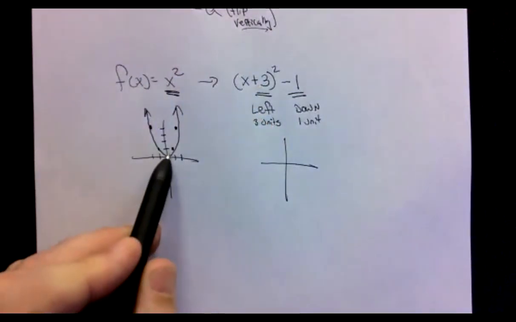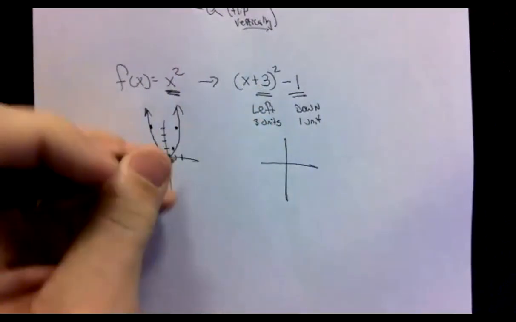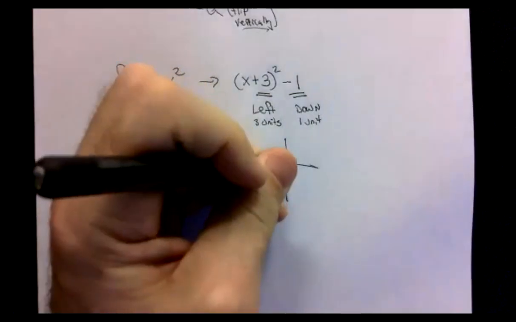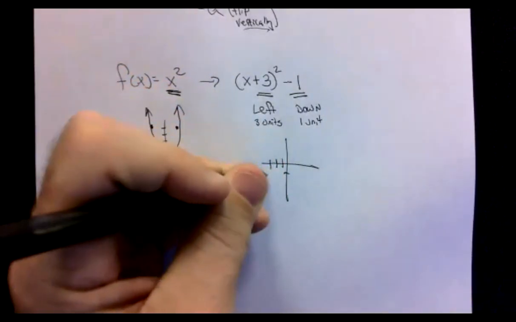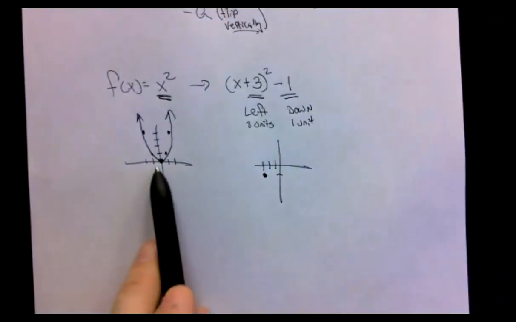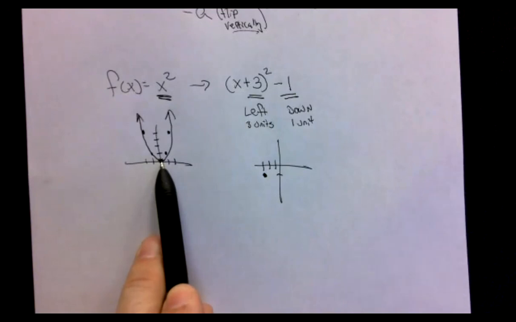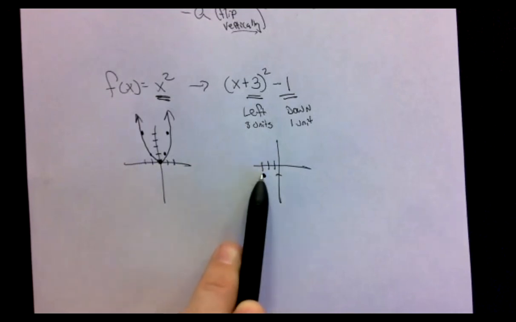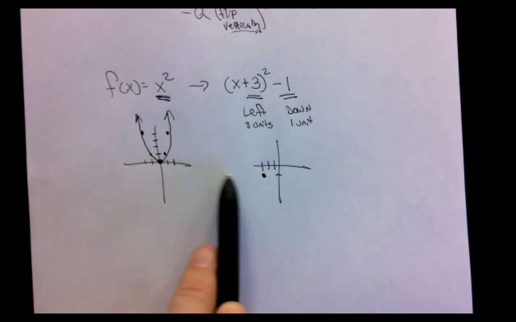It's this exact same curve, but instead of this point being here, say at 0, 0, it's going to go left 3 and down 1. So that's my new point. Those points would correspond.